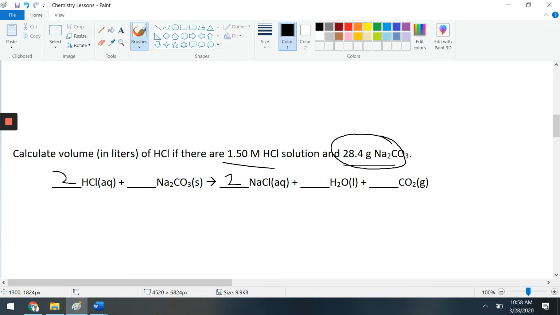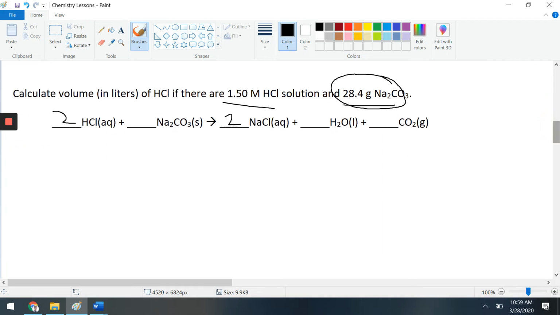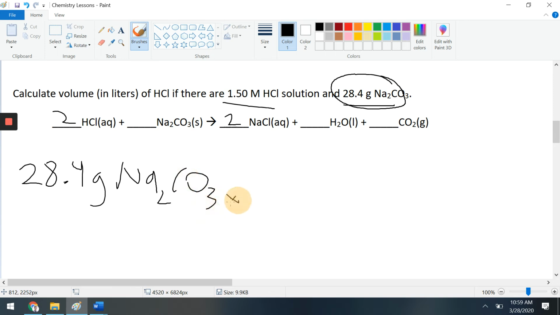So I'm going to show my work. I'm going to start with 28.4 grams of sodium carbonate. Okay, same thing. How do you convert it to moles? Go ahead and use the molar mass. So this time you're going to divide by the molar mass of sodium carbonate.